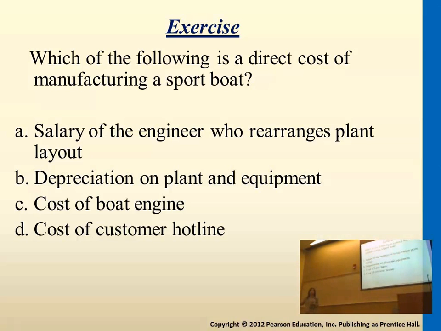Administrative offices are more related to that, operating expenses. Depreciation on plant and equipment. This is still manufacturing cost since it's on plant and equipment, but it's indirect cost, overhead, yes. Salary of the engineer who arranges plant layout. That's indirect cost, indirect labor, since it can't be traced to one particular item. Okay, very good. So this one's cost of the engine.